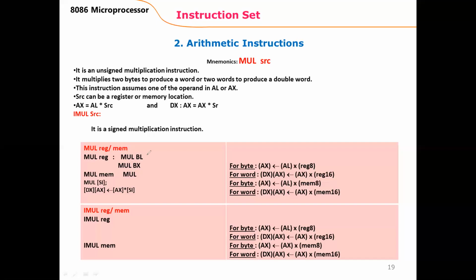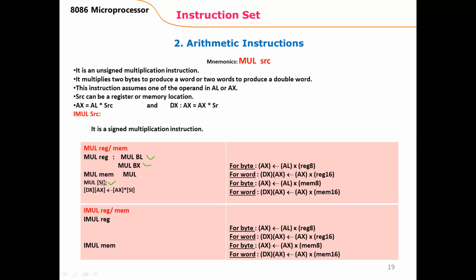For example, these two were from register addressing mode because one operand was stored in BX or BL, another is by default in AX or AL. Now in this example, what will be the operation? SI is used to store the effective address. Here we are not directly multiplying the content of SI with AX. SI is a 16-bit register, but its content will not be used. So AX and SI will not multiply.